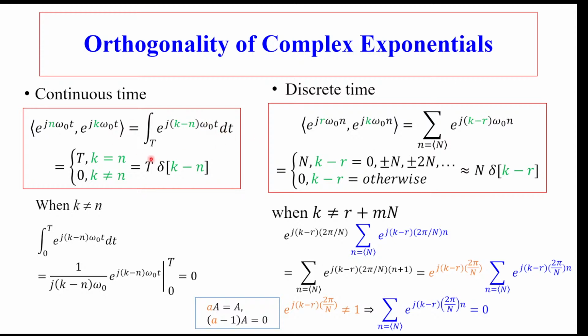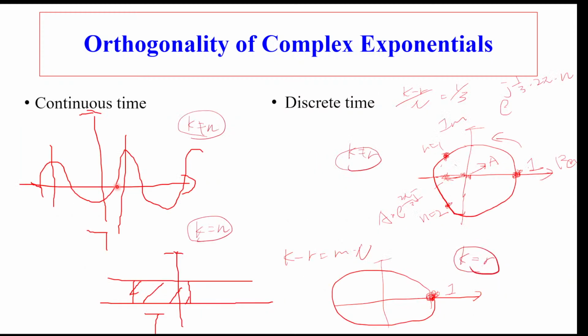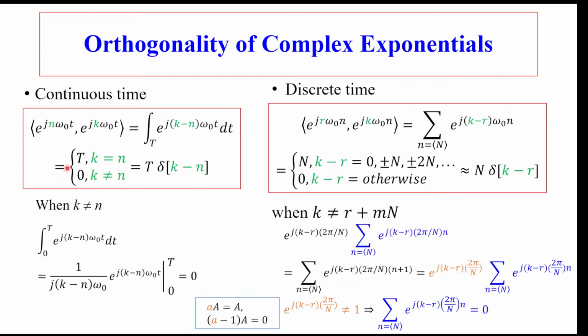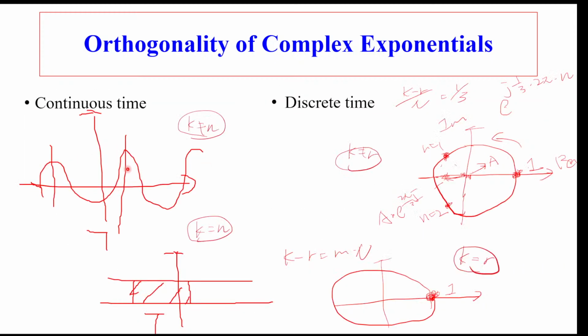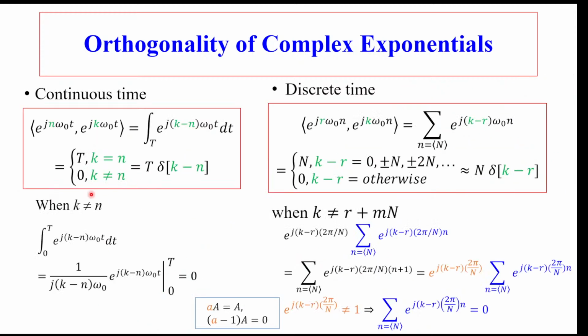This integration is 0 when k is not equal to n, because it's like integrating over a sinusoidal oscillation, and it's T when k equals n, because it's like integrating a constant function. So this is T times delta of n minus k. Only when n equals k is this thing 1, and this thing is big T, otherwise it's 0.